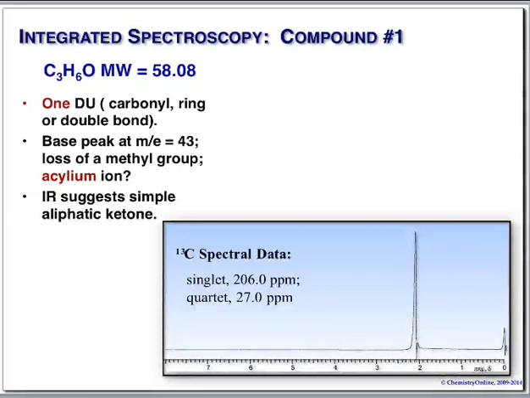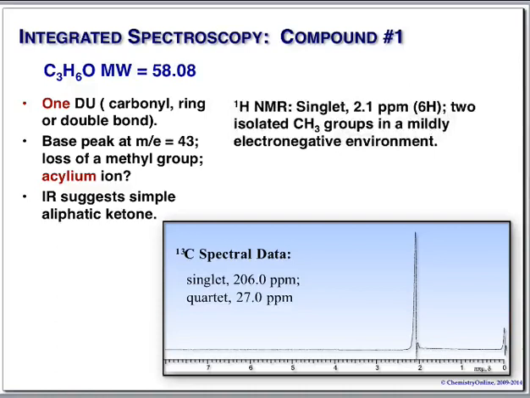So they're isolated methyl groups. Singlet at 2.1, we'll say 6 hydrogen, because that's what we have. 2 isolated methyl groups. It's shifted up here a bit to 2-ish, so there's something mildly electronegative next to it.